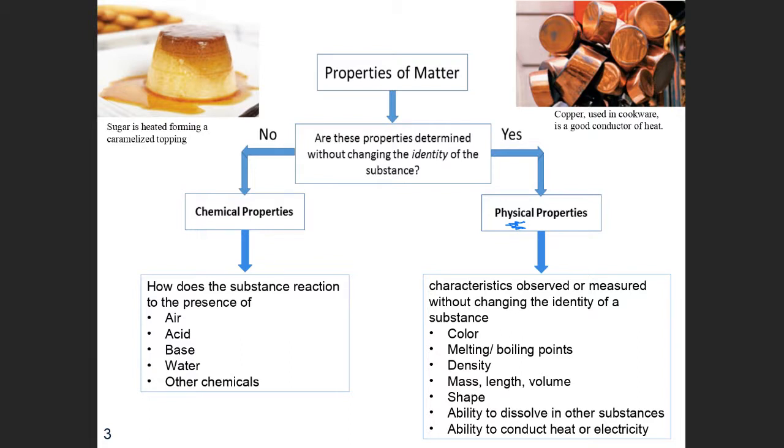So, for example, how this matter will react in the presence of air, or in the presence of acids or bases, or even when it reacts with water. This is meaning the chemical properties. How does the substance react to the presence of acids, bases, other chemicals?